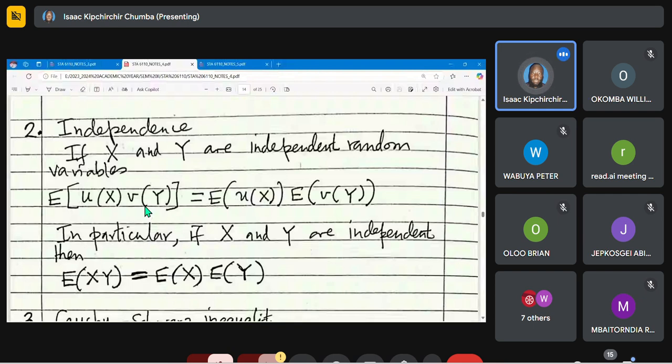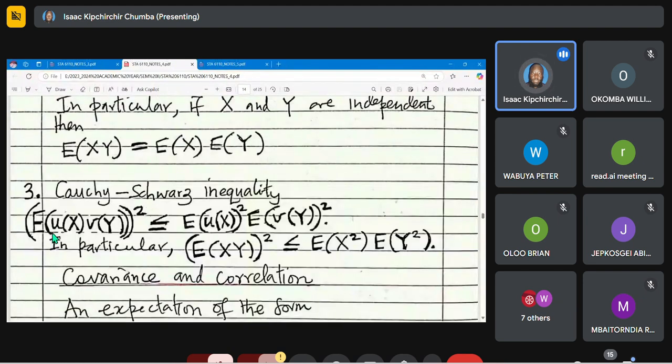This inequality says that if you get the expectation of the product of u of x and v of y and square it, it will always be less than or equal to the expectation of the square of the function u times the expectation of the square of the function v.